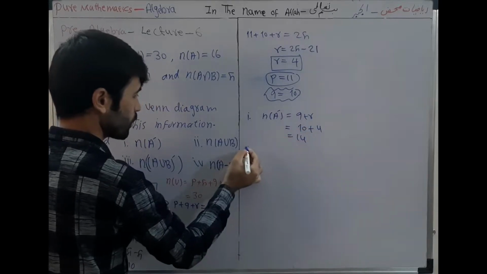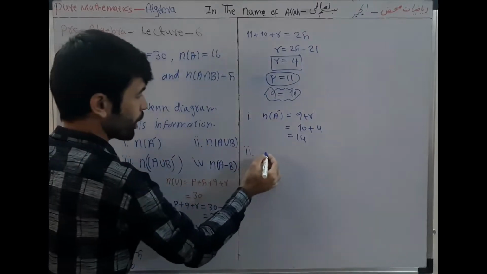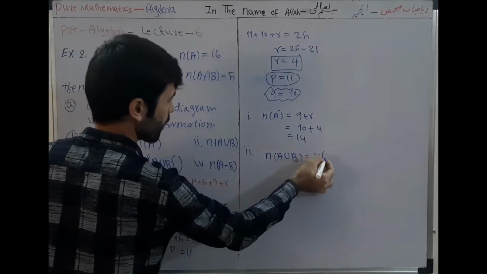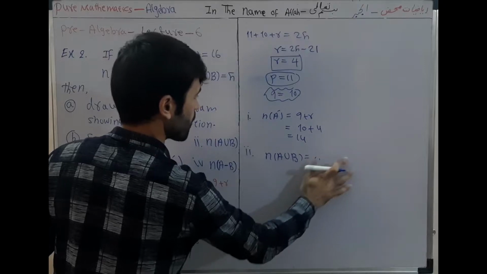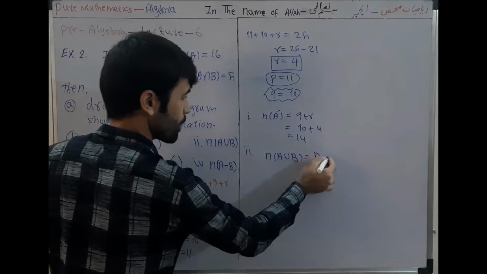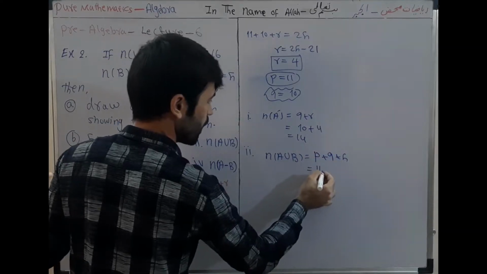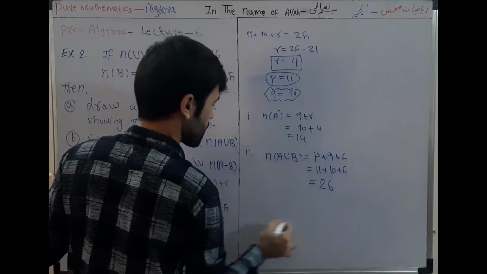Number 2, n of A union B is equal to P plus Q plus 5, which is 11 plus 10 plus 5, equal to 26.